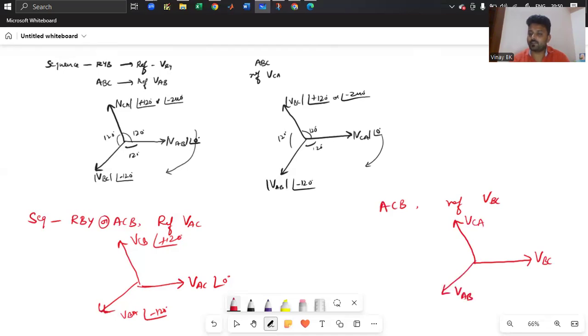Then you are writing the values: VBC at an angle of 0 degree, VAB at an angle of minus 120 degree, VCA at an angle of plus 120 degree. So this is about the phase sequence. I am not dragging much. You just understand this because you will get to know while solving the problems. The phase sequence and the references are very important before solving the problem.